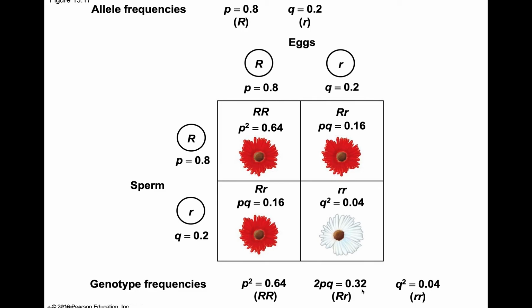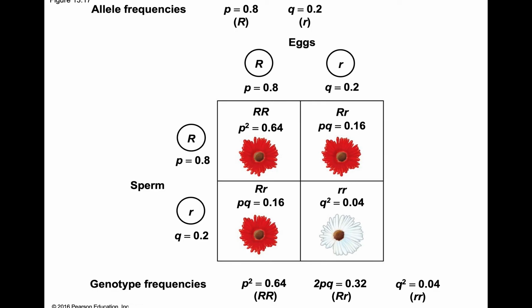The last one is simply Q squared, which is equal to 0.04. Now if I were to take all these numbers together, 0.64, 0.32, and 0.04, they should add up to 1, which they do.